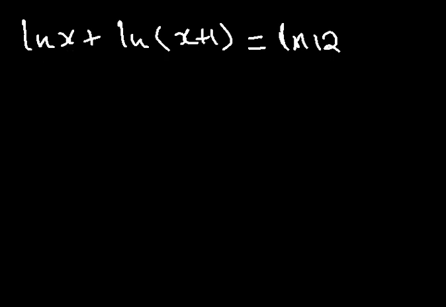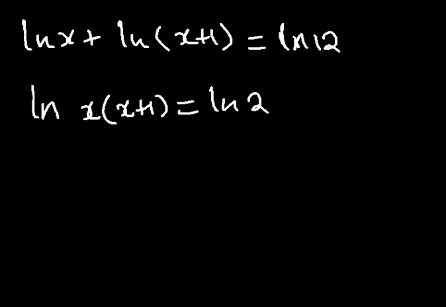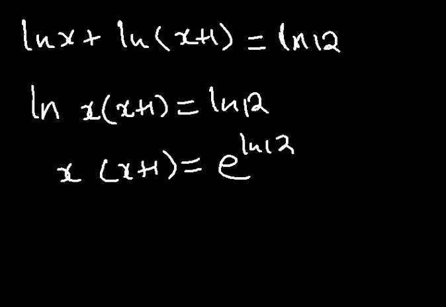So using the laws of logarithms, this is the same as ln x times x plus 1, which is equal to ln 12. Of course ln is common on both sides, so we delete it, in the sense that we'll have x times x plus 1 equal to e to the power ln 12.